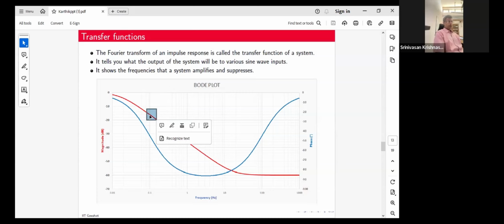It will be like the log inverse of minus 14, which would be the gain of this. So you have an attenuation of minus 14 decibels for a signal whose input is 0.1 hertz, which means the signal magnitude is going to reduce by that much.